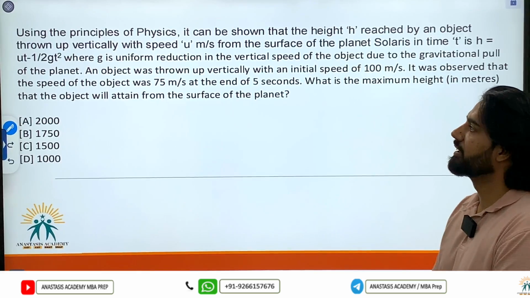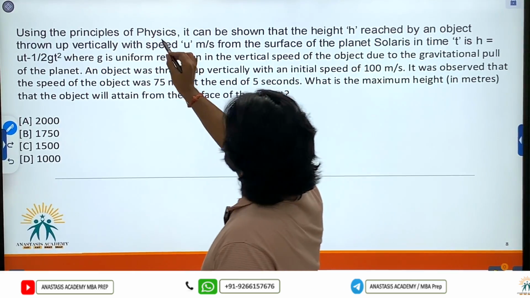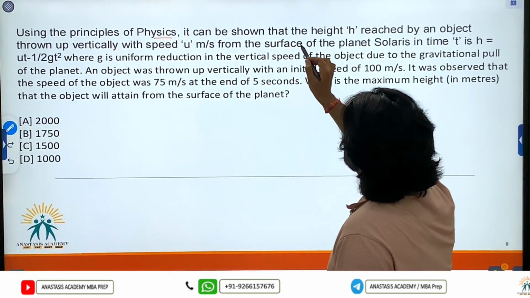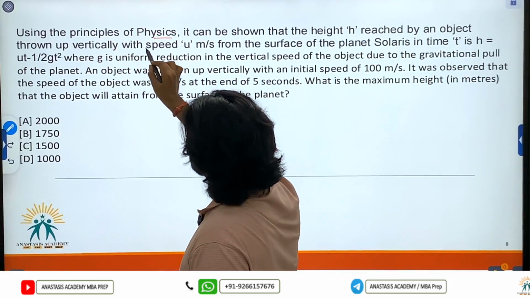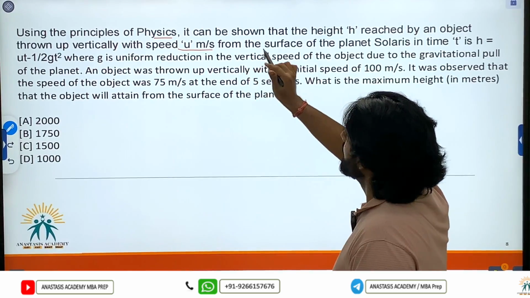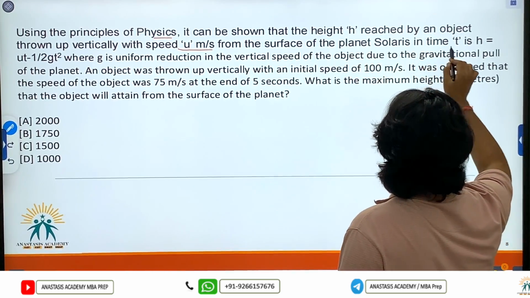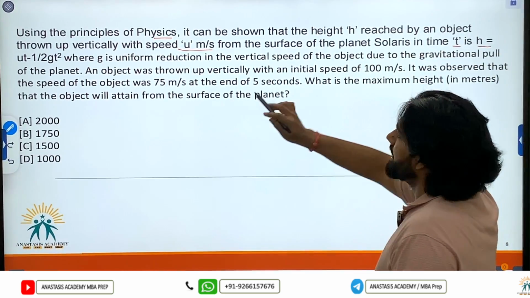Using the principles of physics, it can be shown that the height h reached by an object thrown up vertically with speed u meter per second from the surface of planet Solaris in time t is given by this expression.